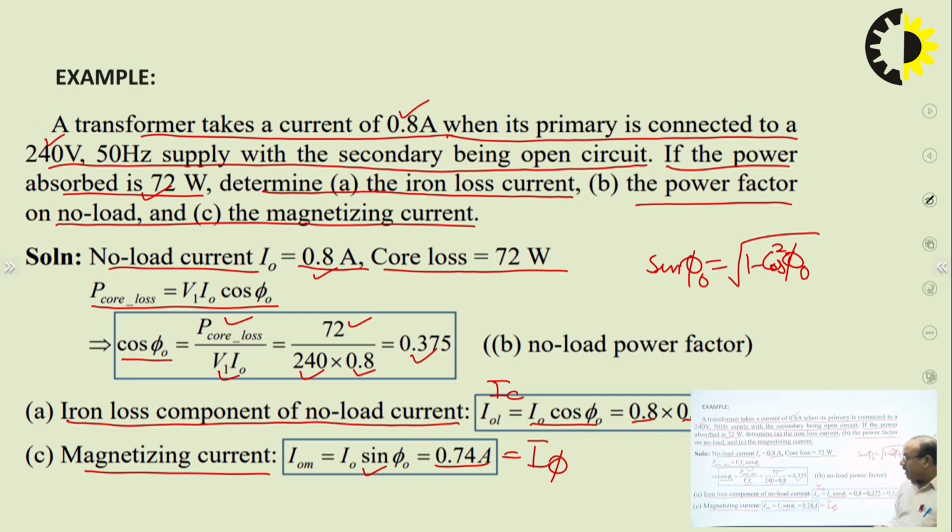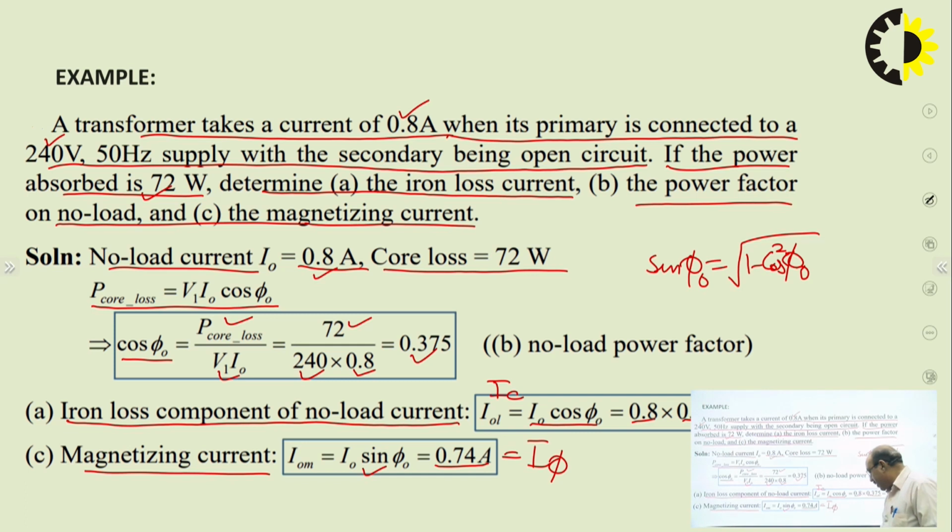This magnetizing component of current is responsible for setting up the magnetic field and flux in the core of the transformer, while the core loss component of no load primary current represents the core losses which are occurring in the transformer core.